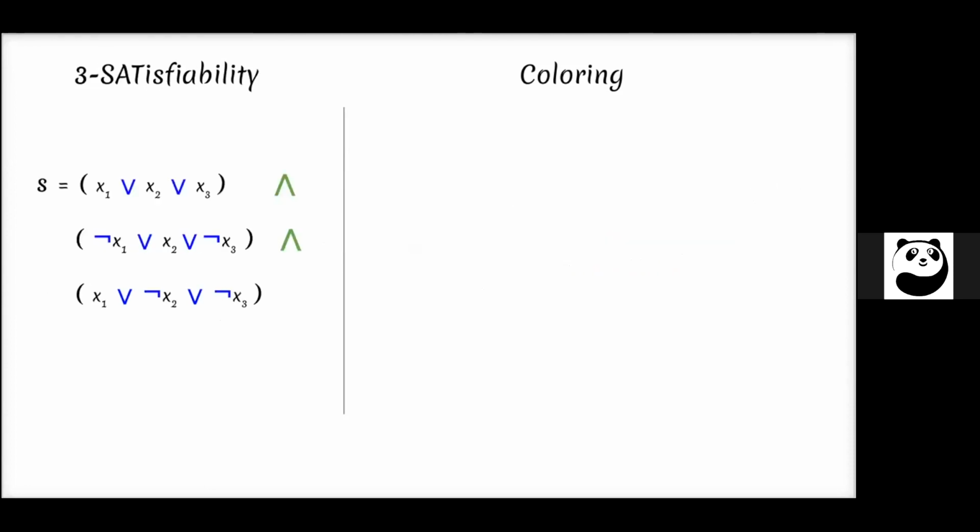So let's reduce by example. This is the example SAT instance that we saw earlier. It has three variables and three clauses. So if you think about it, what makes a SAT formula satisfiable? It's basically two things.